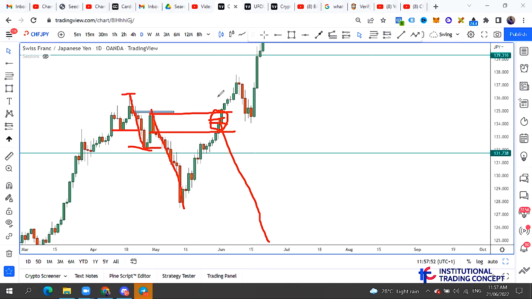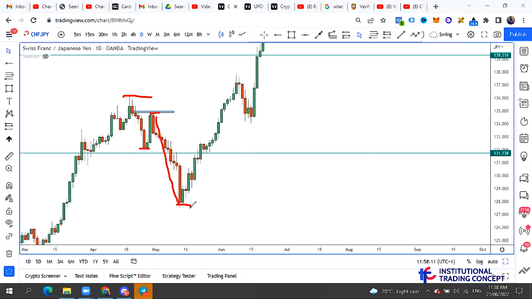And because there's no confirmation here, that means we cannot sell. So when the market got into this place, it pushed up because JPY was extremely weak. And because of that, you can see that the sell that we have mapped out has been what? Has been destroyed with this impulse move.